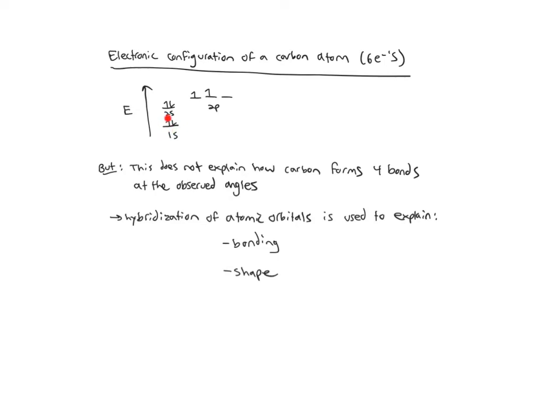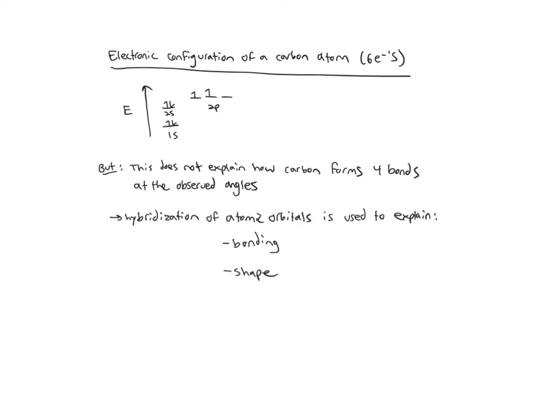So we have 2 of those going into that 1s orbital, 2 going into the 2s orbital, and then the remaining 2 going in each individual p orbital, because we want to put electrons in their own orbital before putting them together if all the orbitals are the same energy. And so that's what we did for this.